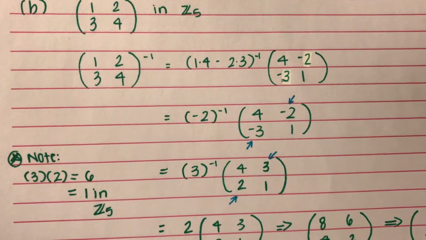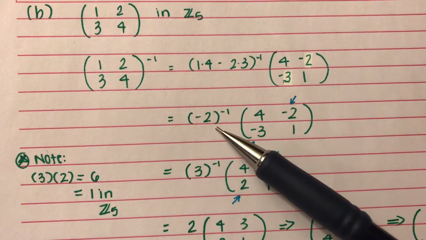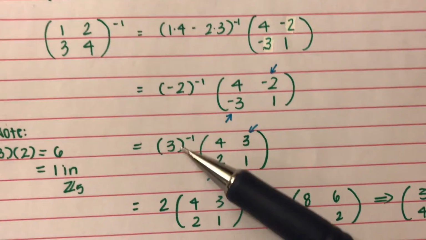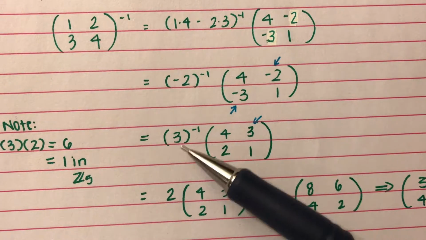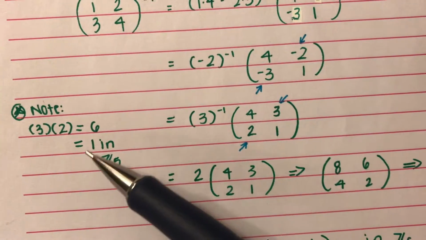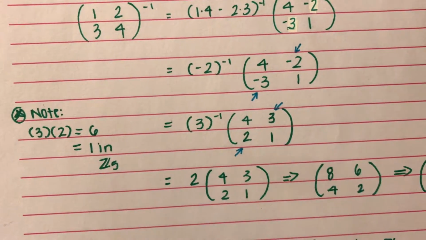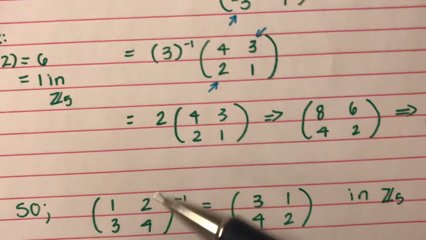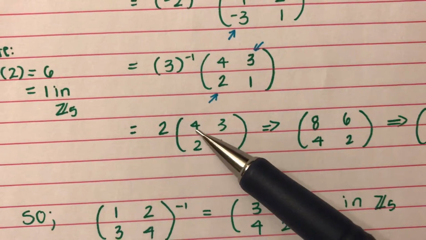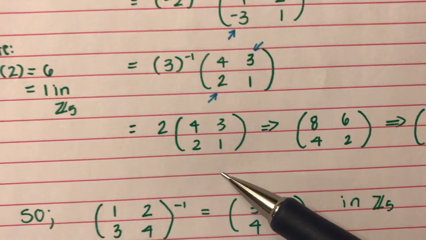Another thing we can change is the -2 right here, and we can change that to a 3 in Z5. And now we're just finding the inverse of 3 in Z5, which is 2, because 3 times 2 is 6, which is 1 in Z5. So now we're just taking the 2 and multiplying it by our matrix [4, 3; 2, 1].